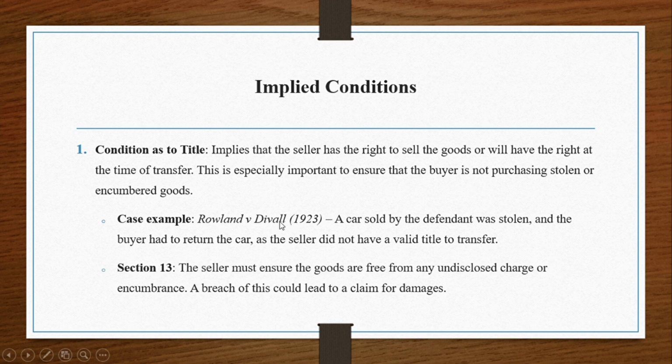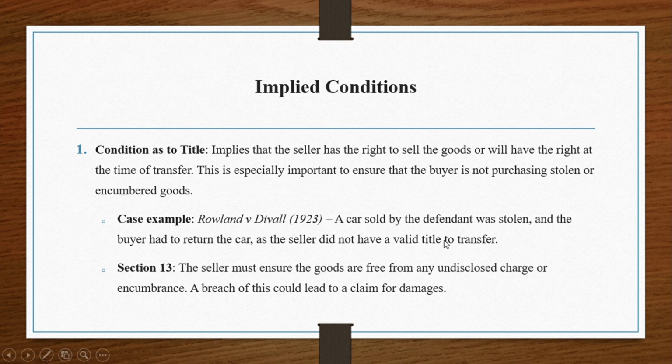The defendant sold a car to the plaintiff, but the car turned out to be stolen. Since the seller did not have the legal ownership or the title of the car, they could not transfer the valid title to the buyer. So the outcome was the buyer was entitled to a refund because the seller breached the condition as to title.